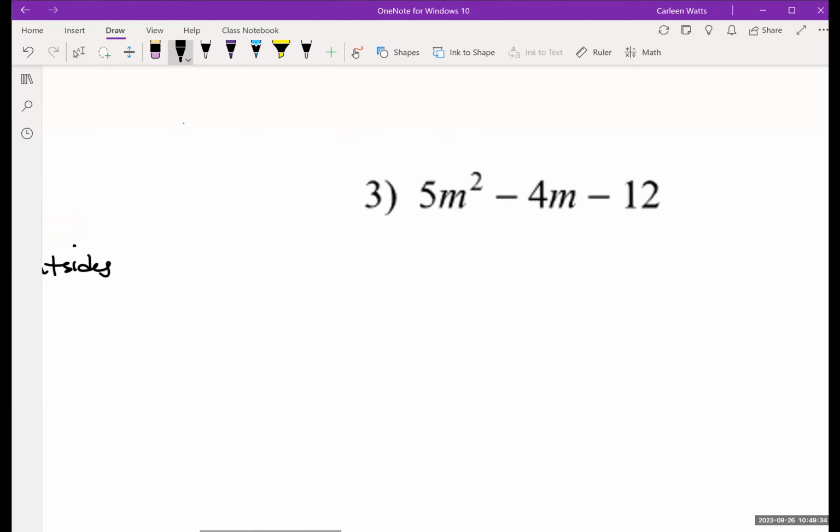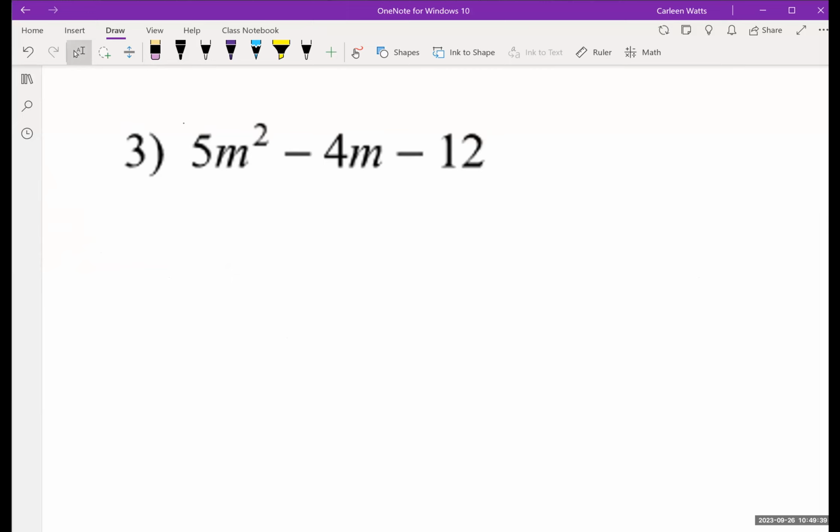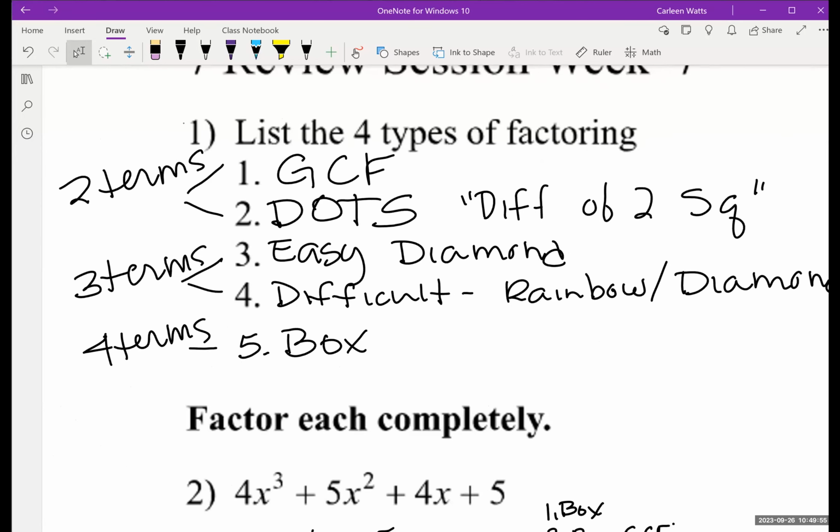Number 3. First category. Okay, look at your 5 categories on the top of the page. What category was this? Let's see, I have 3 terms. Now, so 3 terms, it's going to be one of these 2. So we need to decide 3 terms easy or 3 terms difficult.